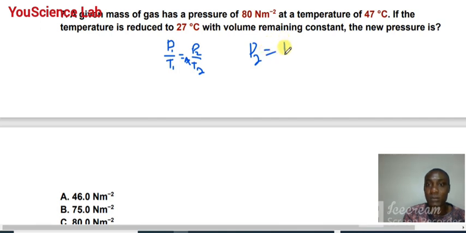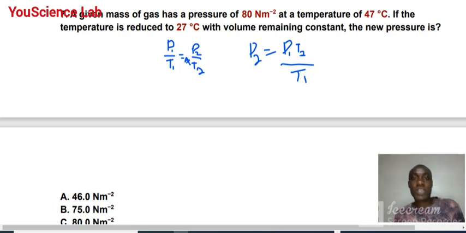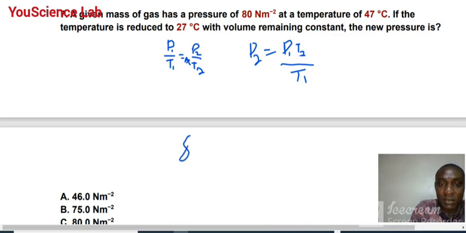P1 T2 divided by T1. So here P1 is 80, so I'm going to have 80 times P2 is 27 degrees.